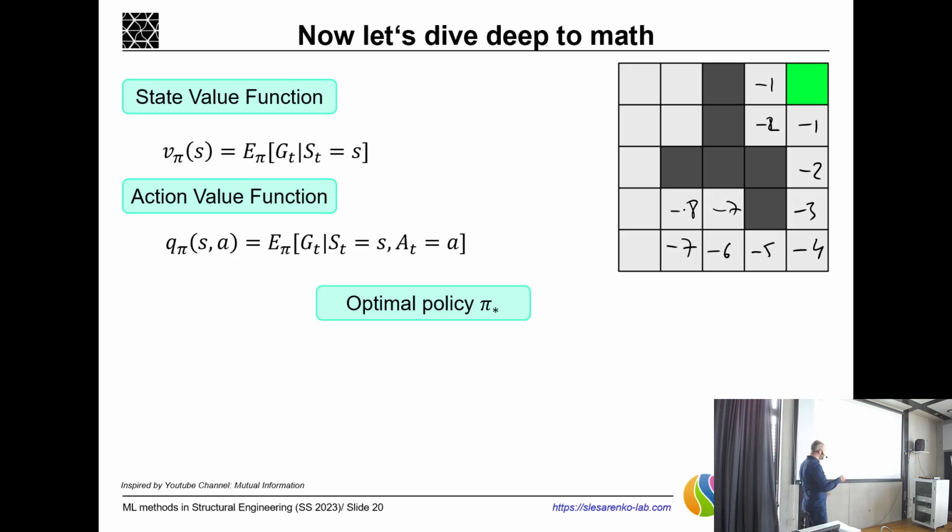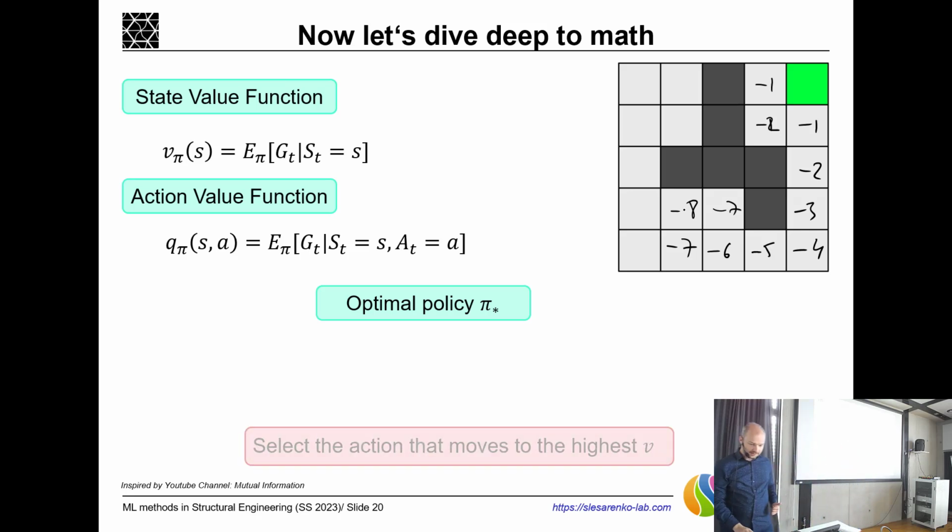In each state, we will clearly select where to move according to the neighbors. If we see that this one is -6, and we are at -7, of course we will move there. That will be the optimal policy pi that we pick.